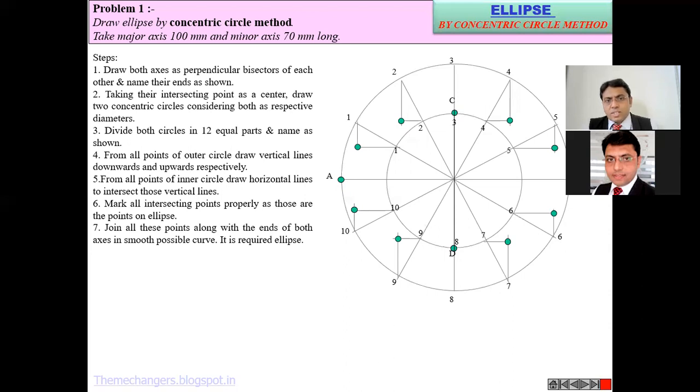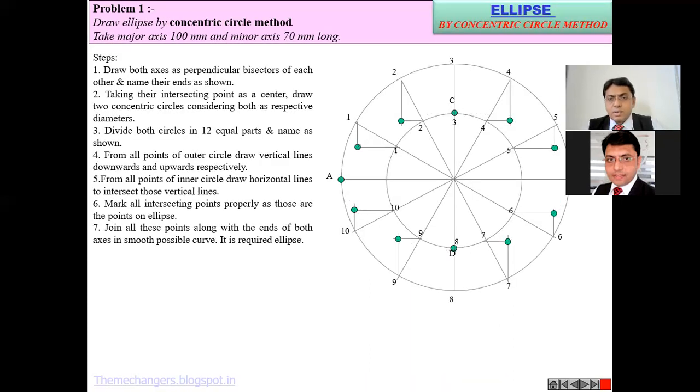After that, mark all intersecting points properly as points on the ellipse and join them, along with the ends of both axes, in a smooth curve. It is the required ellipse. So this is the concentric circle method.